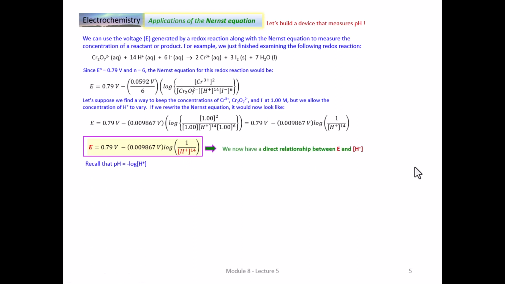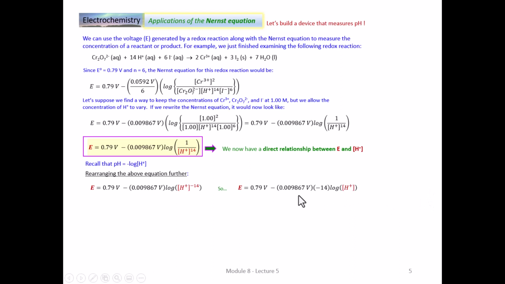And if you recall, pH equals minus the log of the hydrogen ion concentration. So rearranging the above equation that's in the yellow box further, we could say that the log of 1 over the hydrogen ion concentration to the 14th power is really the same thing as the log of the hydrogen ion concentration to the minus 14th power, exactly the same.